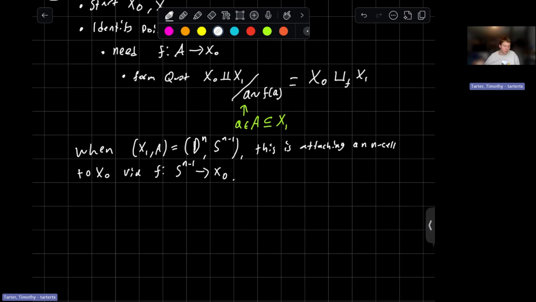So an example of this construction is a mapping cylinder. And actually that's a pretty obvious one. That's a good way of doing that.